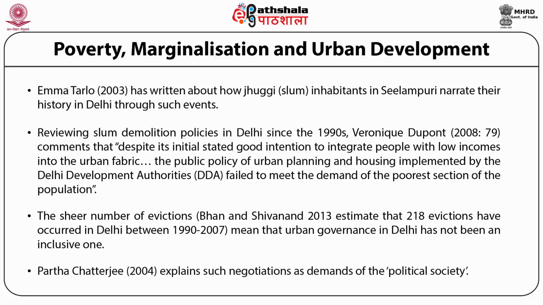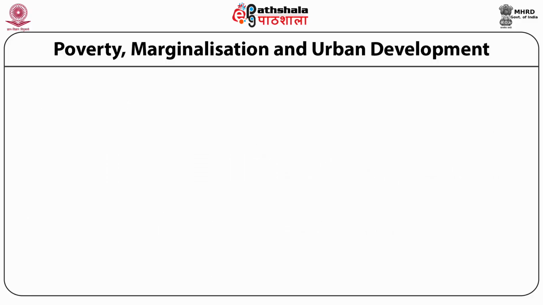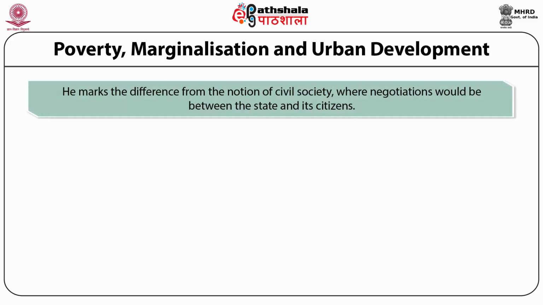Partha Chatterjee explains such negotiations as demand of political society. He marks the difference from the notion of civil society, where negotiation would be between the state and its citizens. In the case of Indian cities, Chatterjee points out a complex relationship between population groups and governmental agencies that administer policies that shape the development of a community identity.